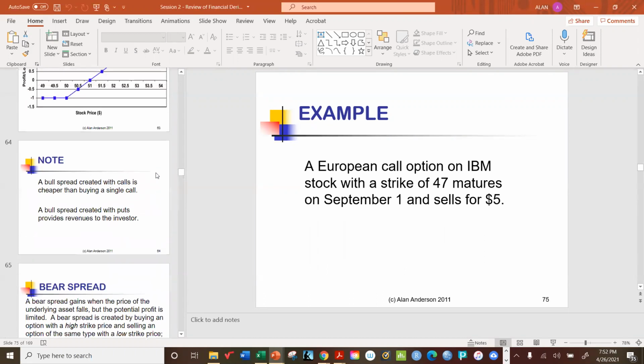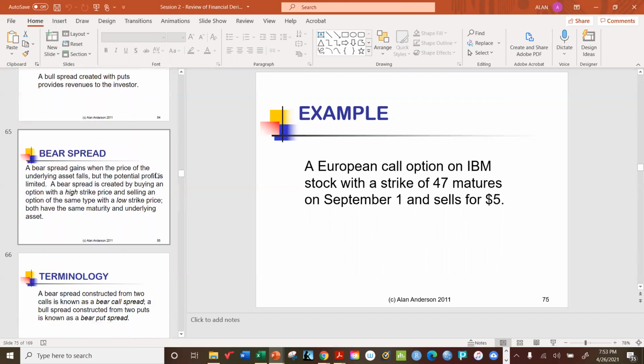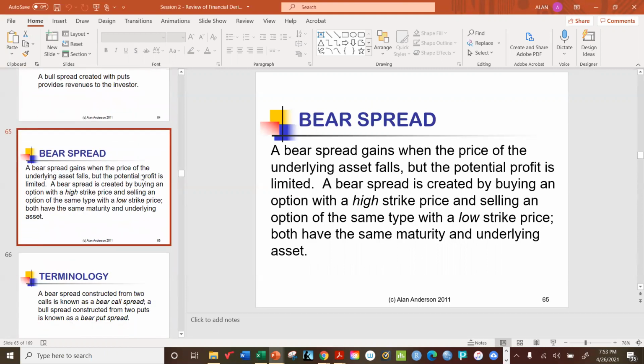But the equivalent, or the opposite of this, I should say, is what we call a bear spread. And a bear spread is exactly the opposite of a bull spread. You think that the price of this asset is going down and you want to make money by betting on that happening.